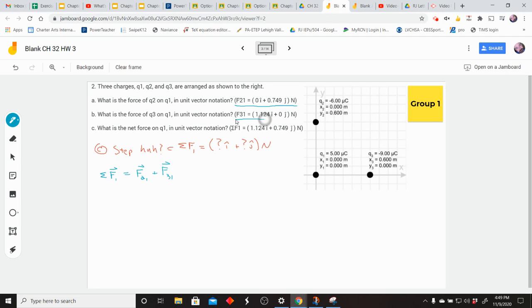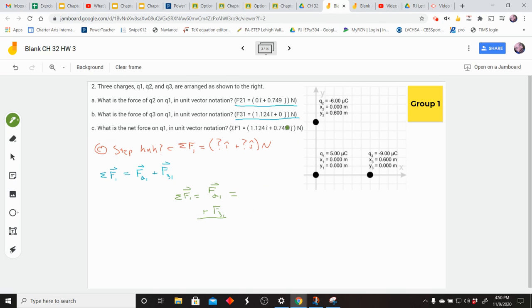F sub 3 on 1 in unit vector notation is this. So to add these guys up, what we really have is sigma F sub 1 is equal to, I'll write it this way, F sub 2 on 1 plus F sub 3 on 1.